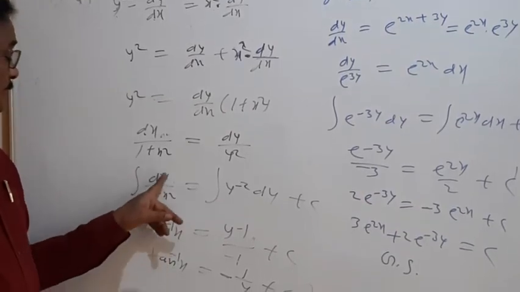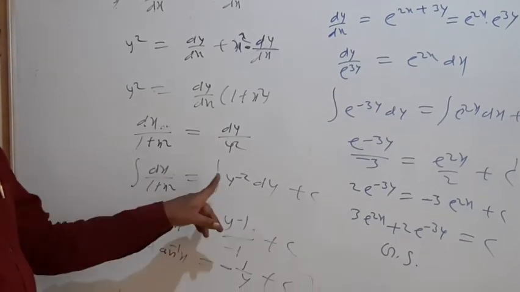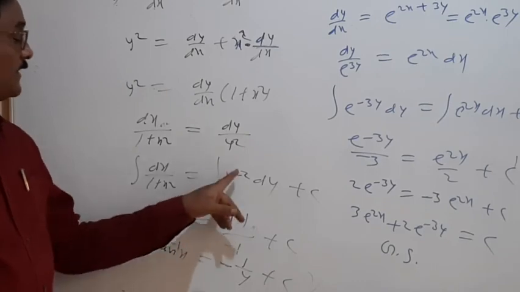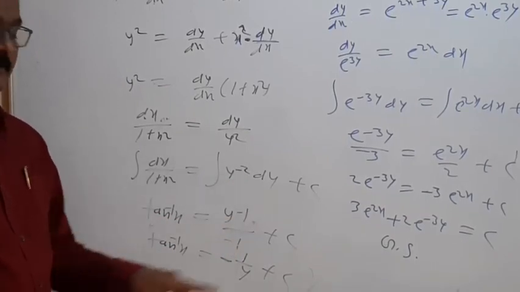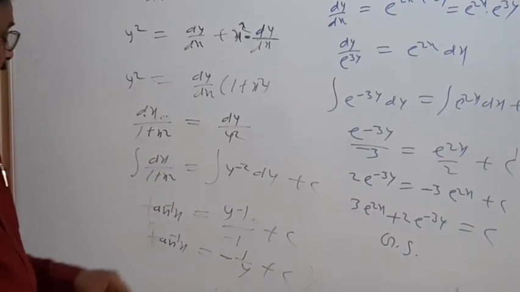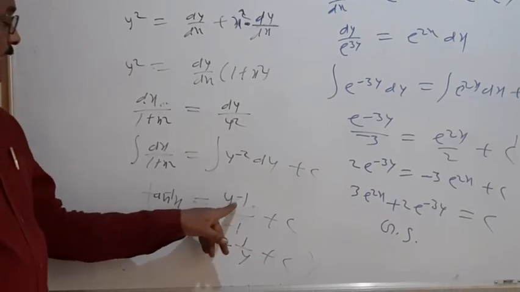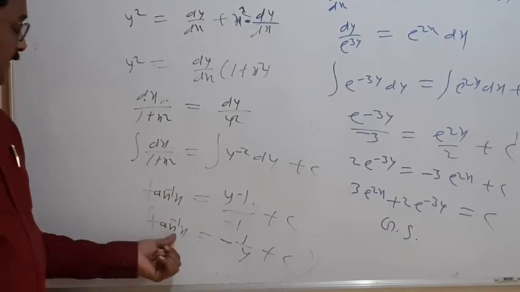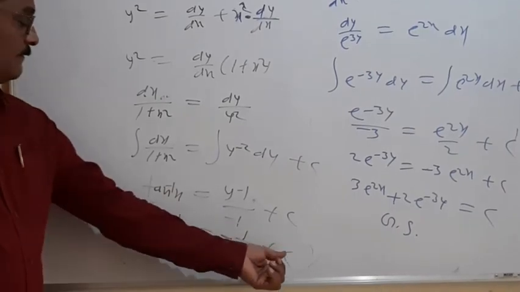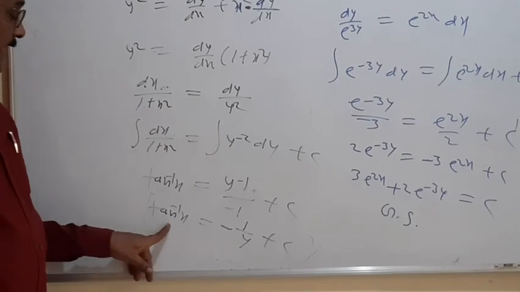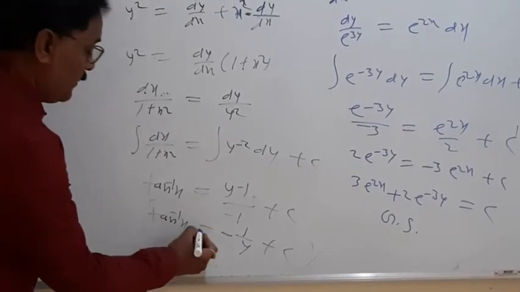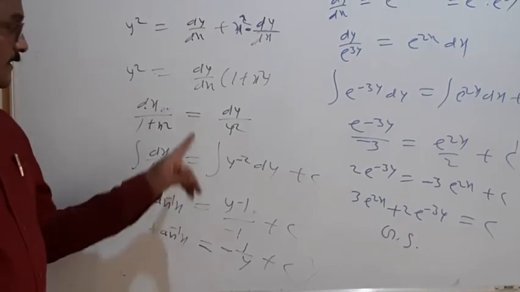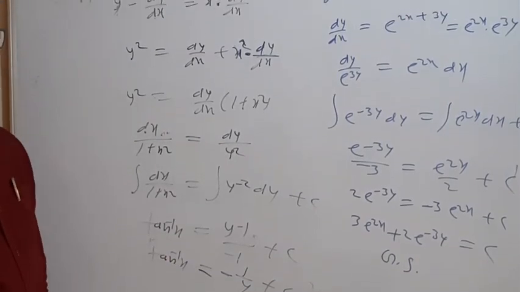So here the integration formula gives tan inverse x, and the integration of y to the power n is y to the power n plus 1 upon n plus 1, so minus 2 plus 1 is minus 1, y to the power minus 1 divided by minus 1, plus c. This can be written as minus 1 by y. So tan inverse x is equal to minus 1 by y plus c. This can be written as tan inverse x plus 1 by y is equal to c, in any form. This is the required general solution.